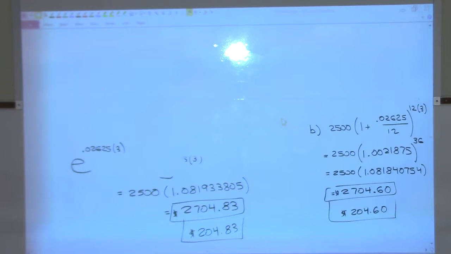Nope, clear. Hit the green button first. Then the ln. See above the ln it says e to the x? So there, and now put 0.02625 times 3 equals. There it is. Okay?